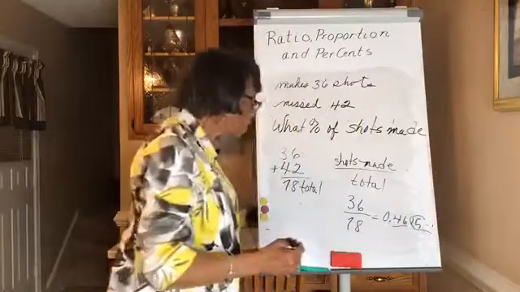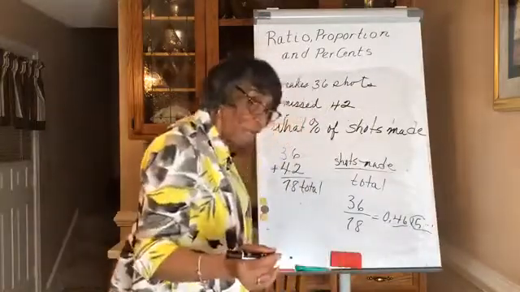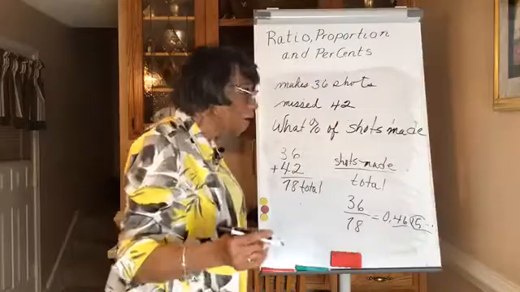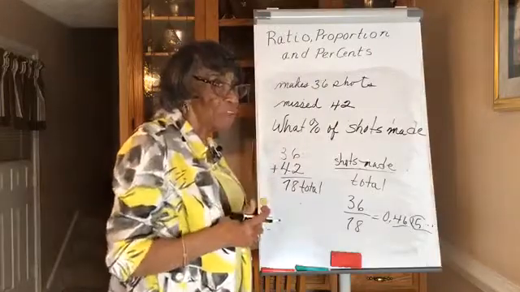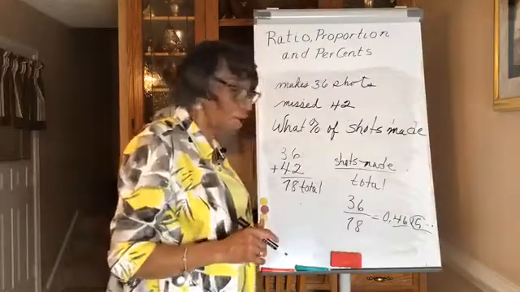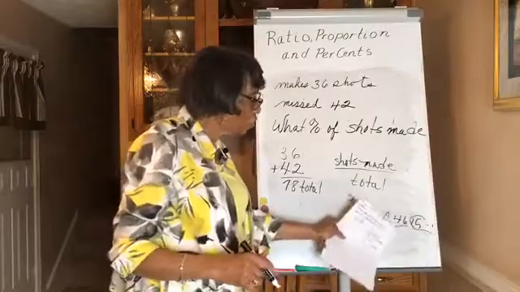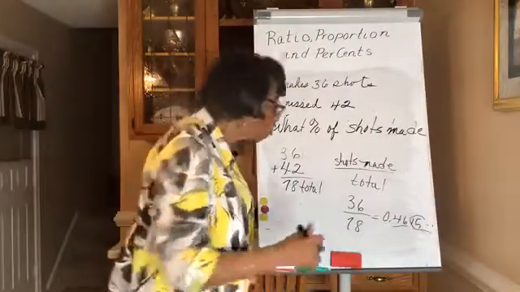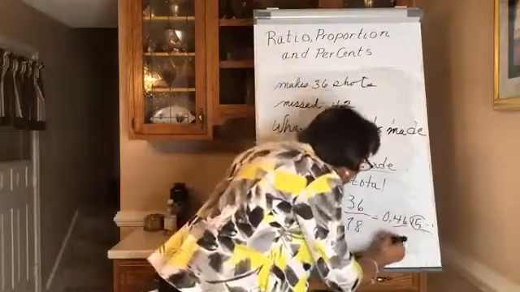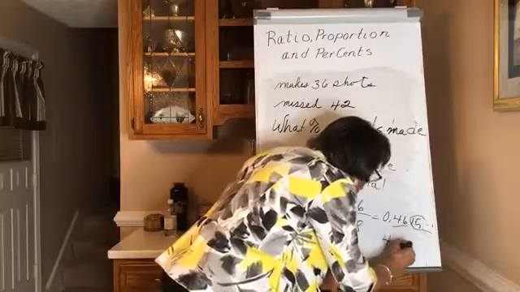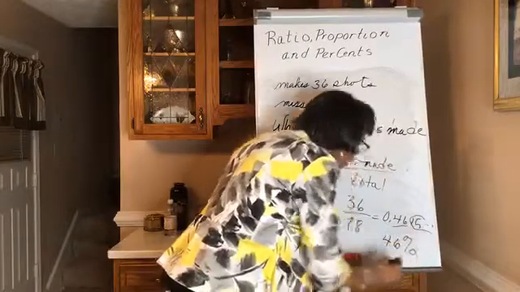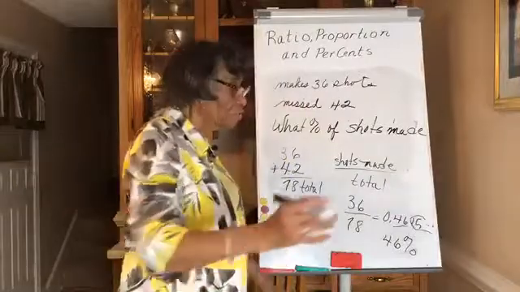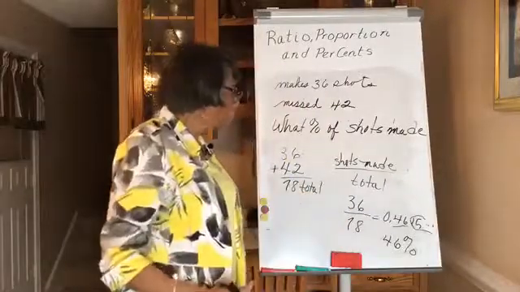All right? And 46 hundredths is what as a percent? And I don't even tell you to move the decimal point or whatever, one way or the other. Because if you know the relationship between decimals and percents, you know that 46 hundredths is the same as 46%. Okay, because you know the relationship.